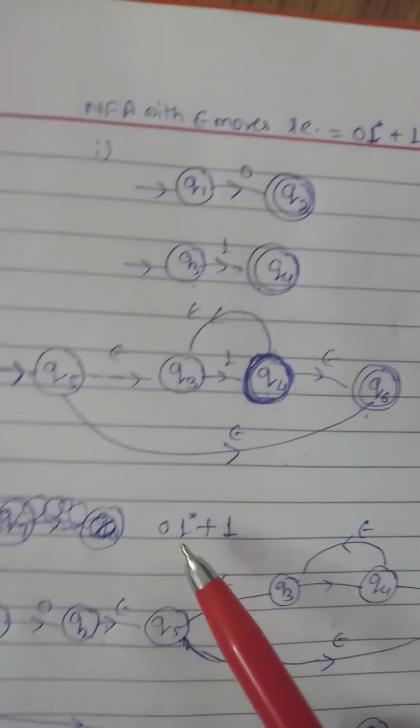So this is the end of the step, because we made the 0 transition, 1 transition, and 1 star transition initially, and we added 0, 1 star. Now we are adding 0, 1 star plus 1. This will be the final state, because we need an NFA for the regular expression 0, 1 star plus 1.